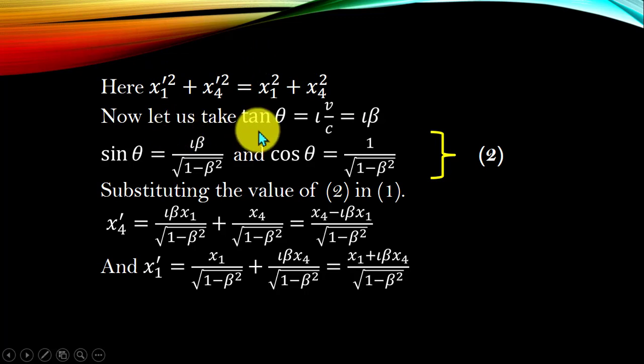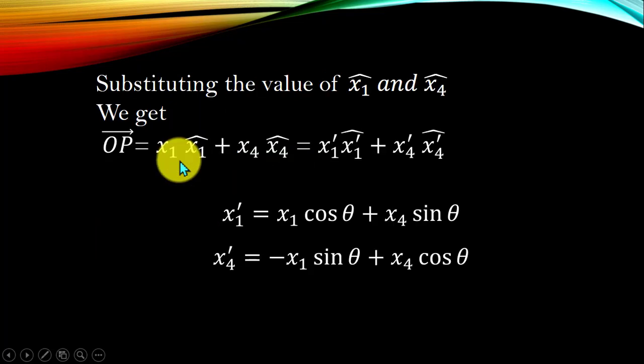Now let us define the angle theta as tan theta equal to iota v by c, which is equal to iota beta. If we define tan theta as this, you will get sin theta equal to iota beta over under root of 1 minus beta square, and cos theta as 1 upon under root of 1 minus beta square.